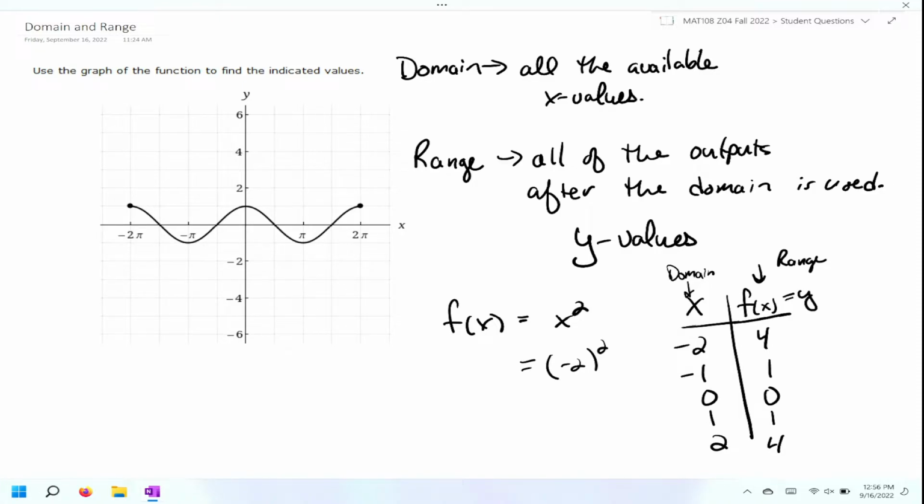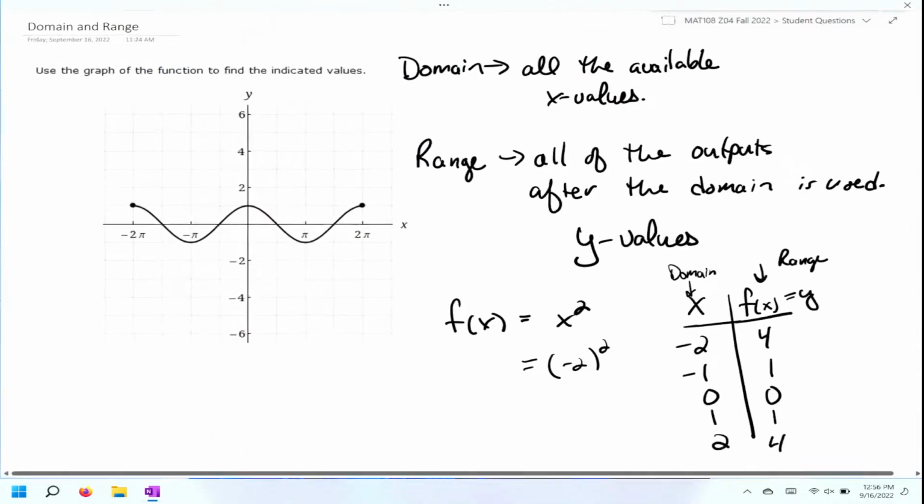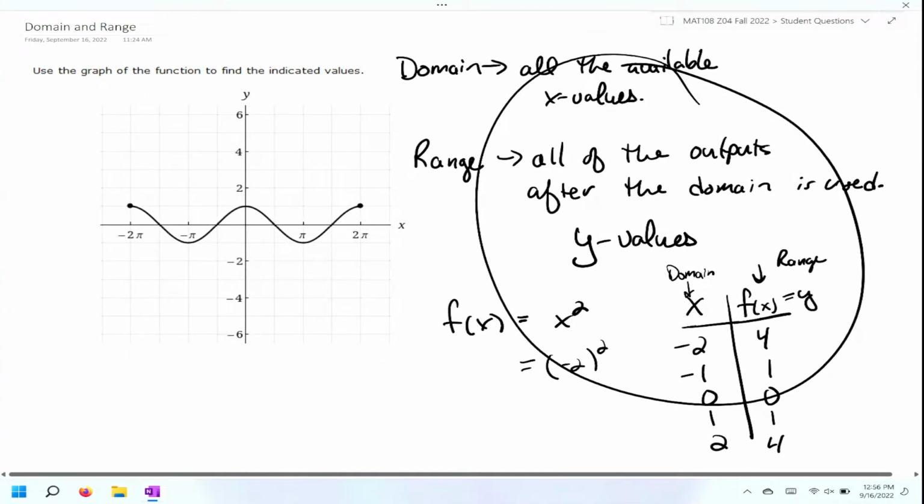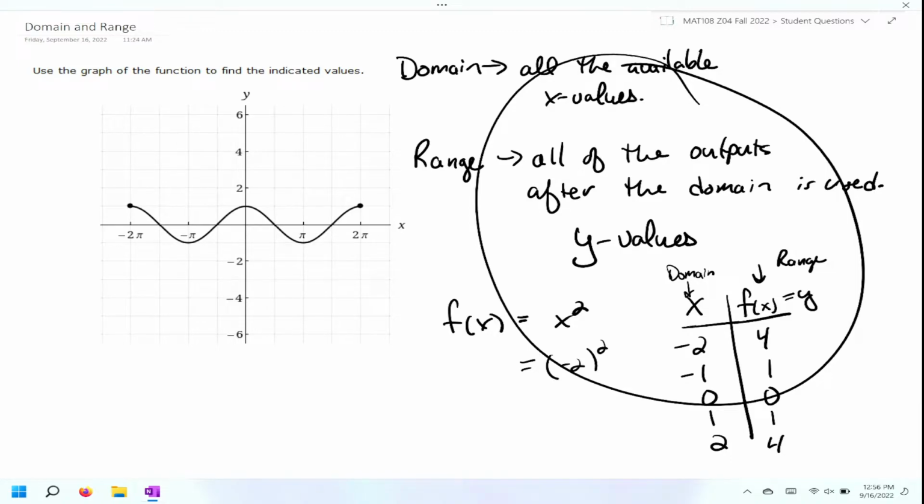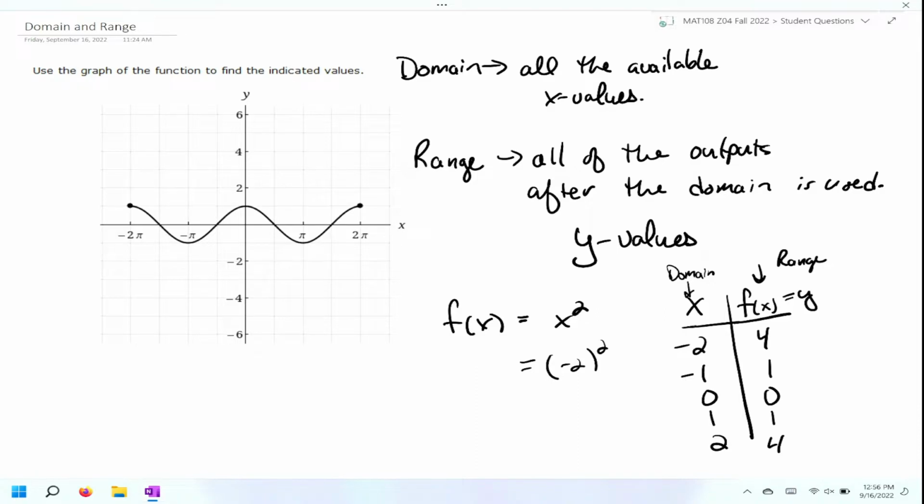But there's a problem with just strictly using algebra, which is how many x values do you need and how many y values will you get to satisfy the domain and range? Because one thing you got to remember here, okay, is what I have written up above, okay?